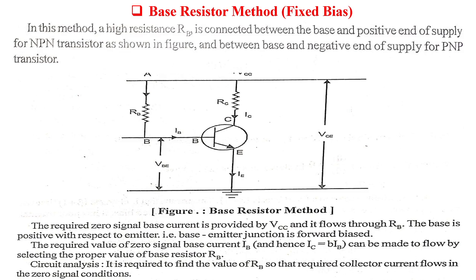Here the base resistor method, that is the fixed bias method, is shown in the figure. Sometimes it is also called the base bias circuit or fixed bias circuit.